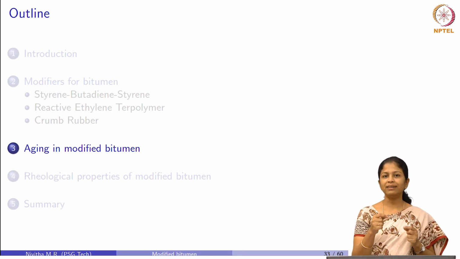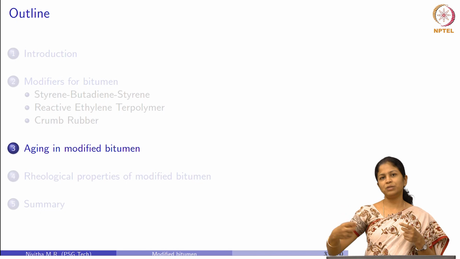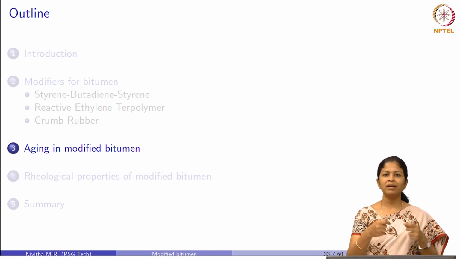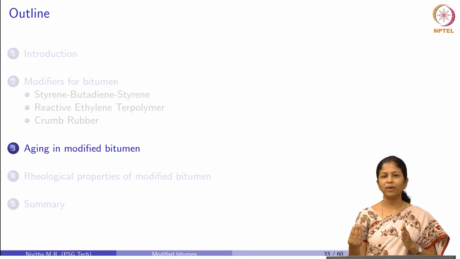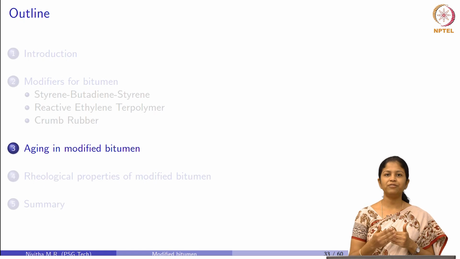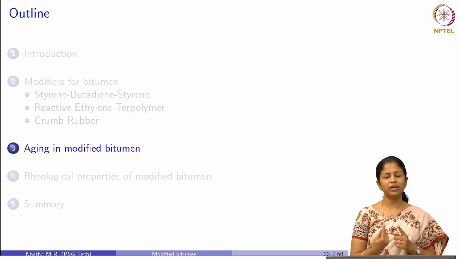We have seen that in the case of reactive ethylene terpolymer, the interaction is mostly because of chemical bonding. Once we add the modifier to bitumen, they start forming chemical bonds and the interaction process is over at that stage. So we don't have to provide this long digestion period in the case of reactive ethylene terpolymer. Maybe half an hour or 1 hour is provided at low shear conditions for the blend to homogenize.